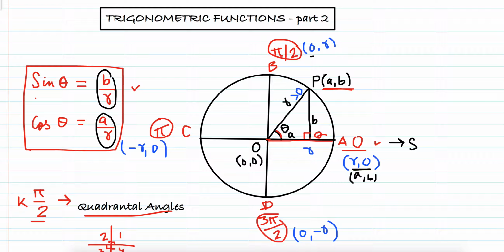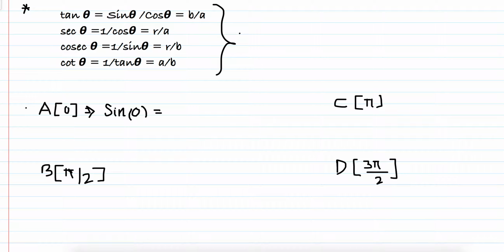At B, A is equal to 0, B is equal to R, and so on. So let me write down the coordinates also. R, 0.